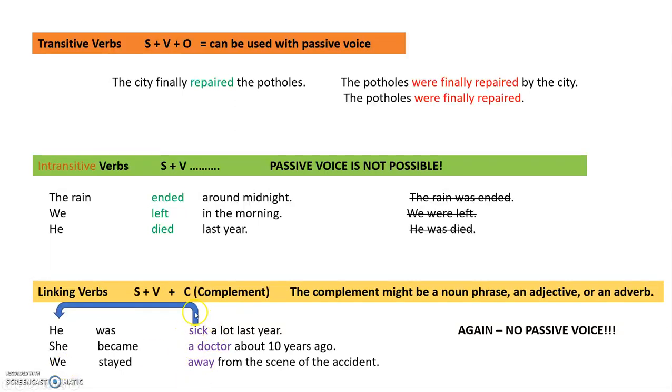So complements refer back to the subject. They don't answer the question what or who like an object does. Notice the verbs. These are called linking verbs. The most common one we use all the time is the be verb. So a link is like a chain, right? This verb links or connects the subject with the complement that comes after.